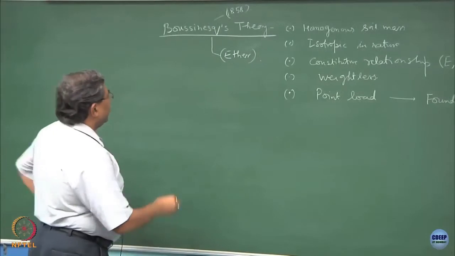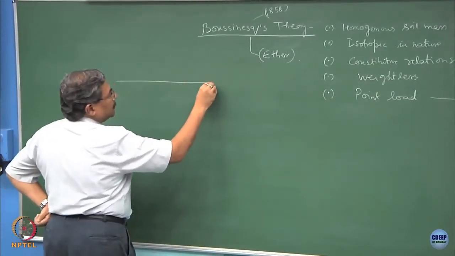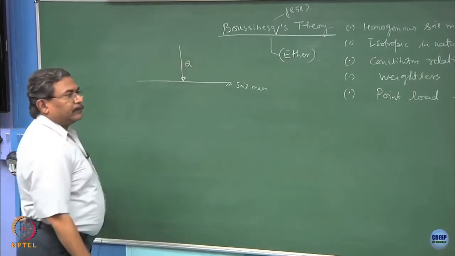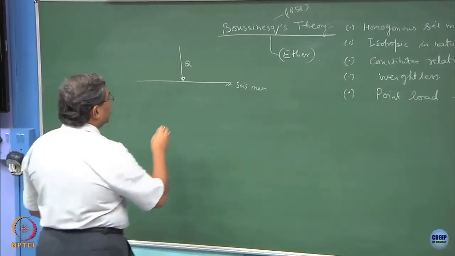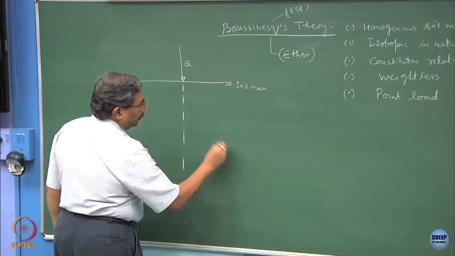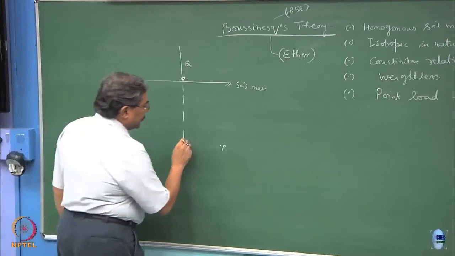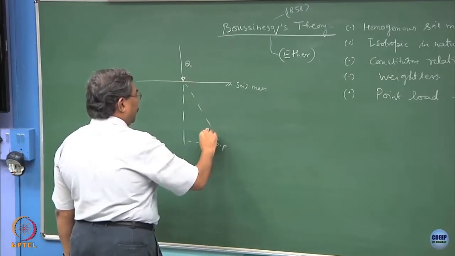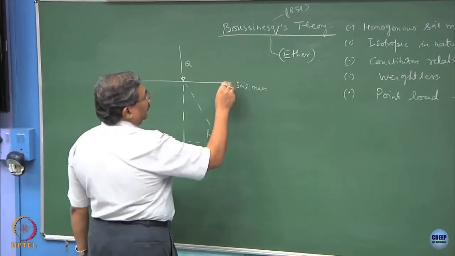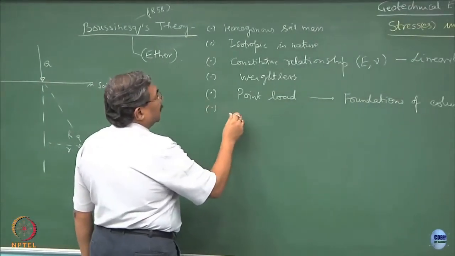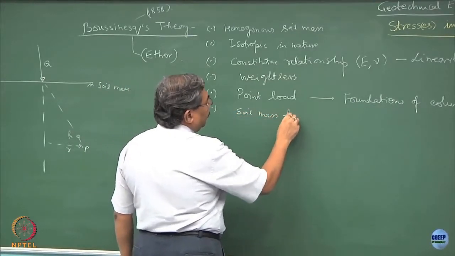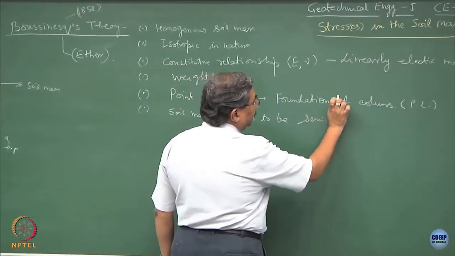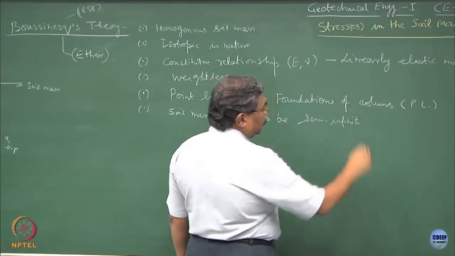So, as per this, if you have the soil mass which is exposed to an external loading of Q, and if I want to find out the state of stress at a point P in the soil mass, the radial distance is R, this distance is capital R, and another assumption here is that the soil mass happens to be semi infinite soil mass.